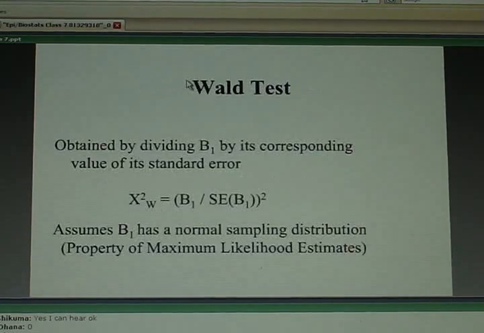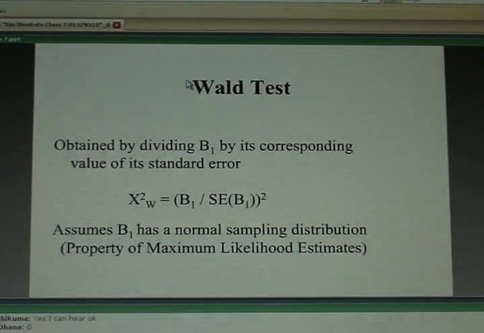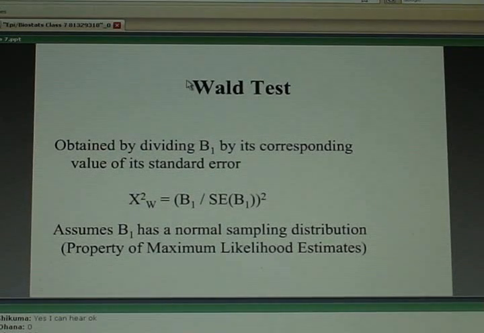The Wald test does it a different way. What it does is look at the coefficient of sex and asks, is that a significant coefficient? It compares it to the number 0. Essentially, if I took B1 and subtracted 0 from it, I'd just have the number B1 back again. So what the Wald test is doing is comparing the observed log odds ratio to what you would expect if the null hypothesis is true.